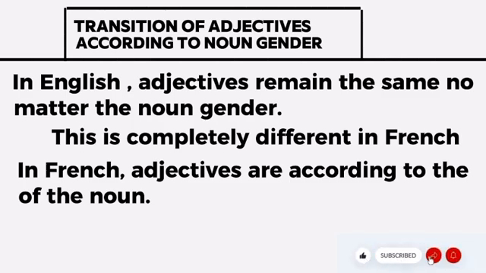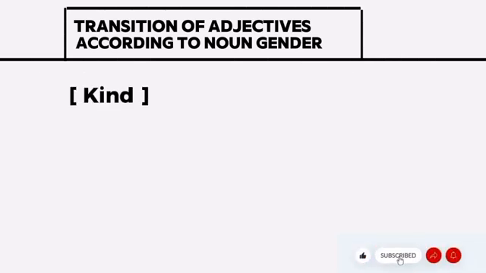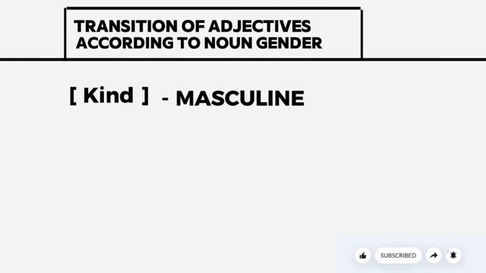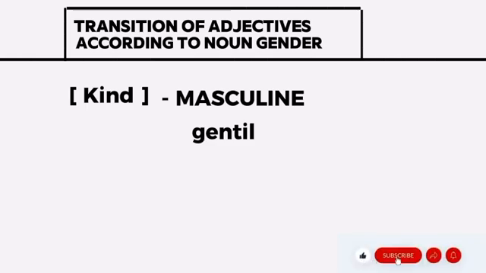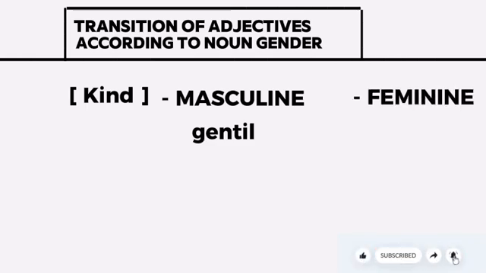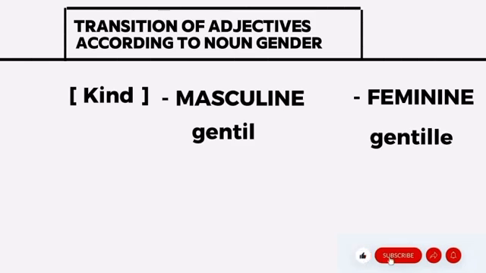For example, let's take a look at the adjective kind in French. So in its masculine form, it is spelled gentil, but in its feminine form, you simply add an e.